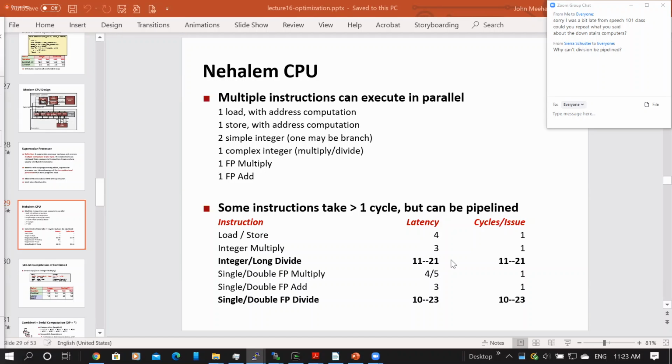That's a long and more complicated answer than I have time for now. But we'd have to look at the actual steps involved in doing the division and how the circuitry is used to do that, so that you're still using the circuitry that would be needed if you wanted to begin the operation on another one. So we'd have to get down to the gate level to explain to you why that is.